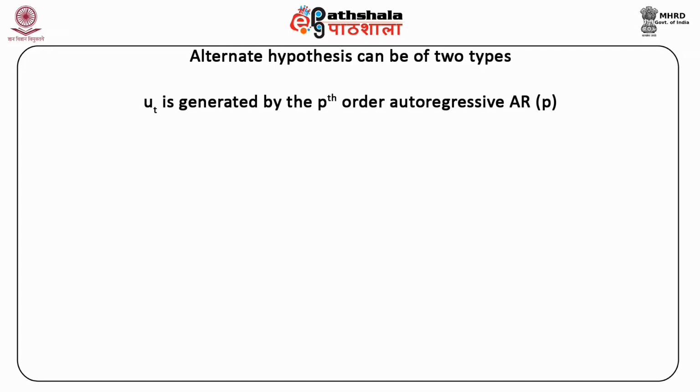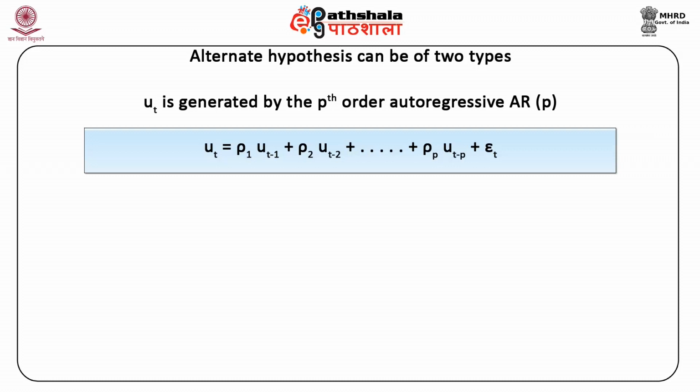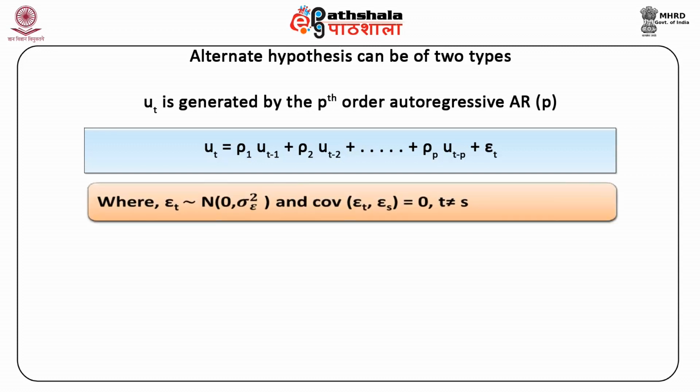We can write u_t equal to rho_1 u_{t-1} plus rho_2 u_{t-2}, so on up to rho_p u_{t-p} plus epsilon_t, where epsilon_t again is assumed to be distributed normally with mean 0 and variance sigma epsilon square, and covariance between epsilon_t and epsilon_s is equal to 0 for t not equal to s.